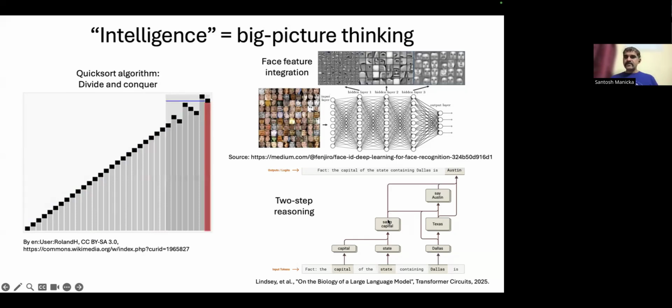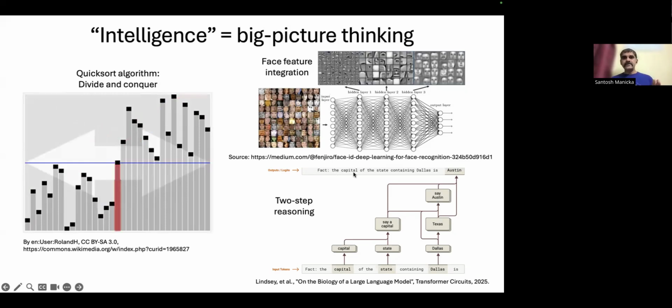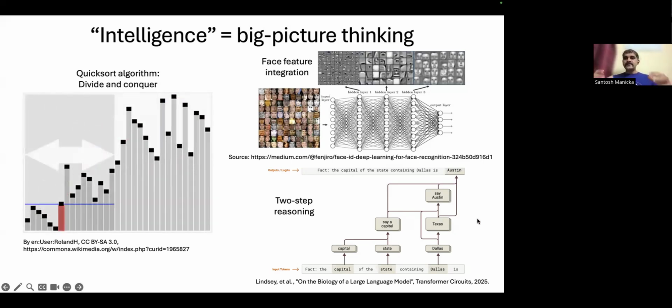And there is this example of Anthropic's Claude large language model. When you ask it to complete a sentence that starts with something like, "The capital of the state containing Dallas is", if you look at the internal details, it actually does a lot of linear algebra to give the answer, which is Austin.